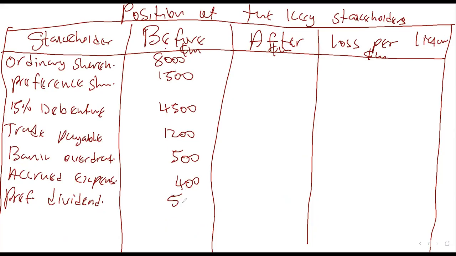So this is 540. Now position after is how much we give them in the event of liquidation.